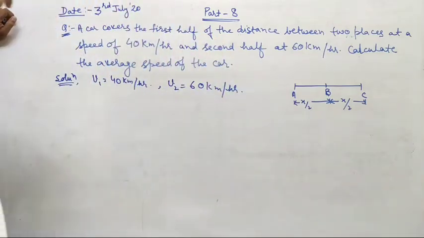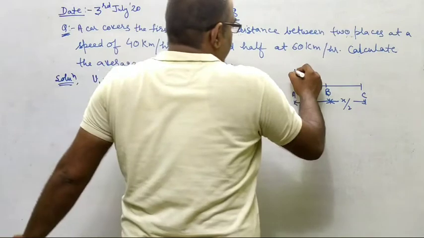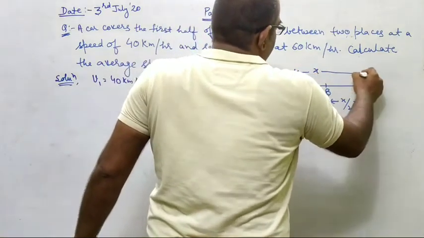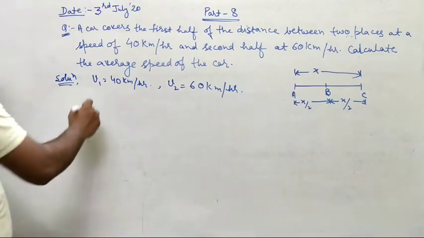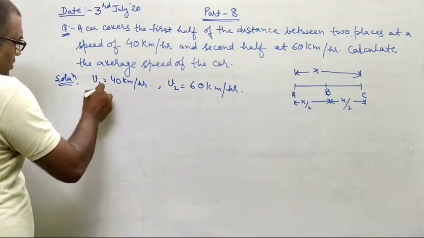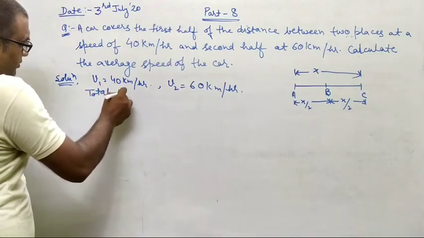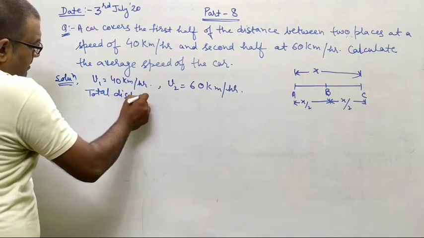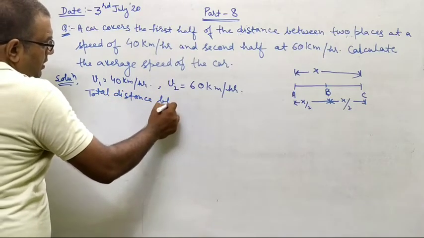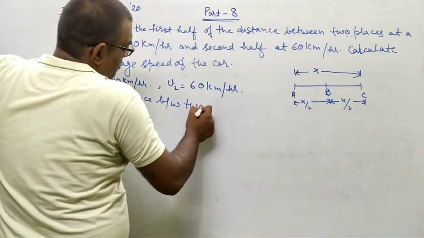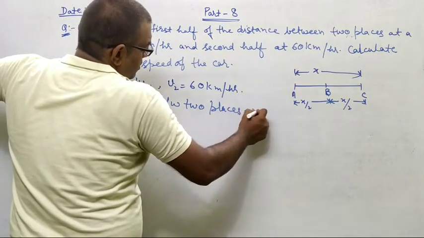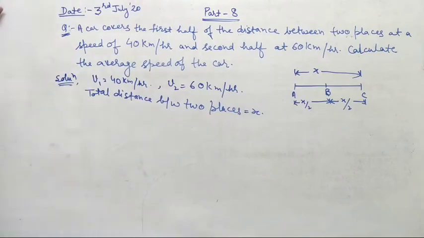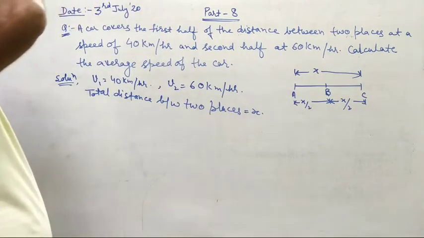We suppose that the total distance between two places is equal to x. Then obviously the first half is x by 2 and the second half is x by 2.